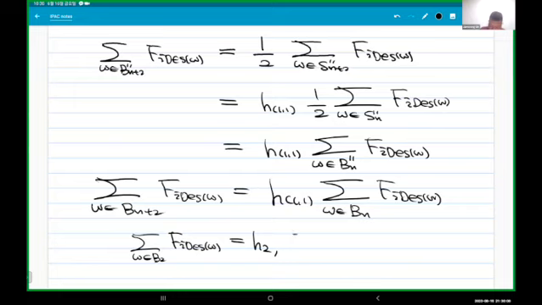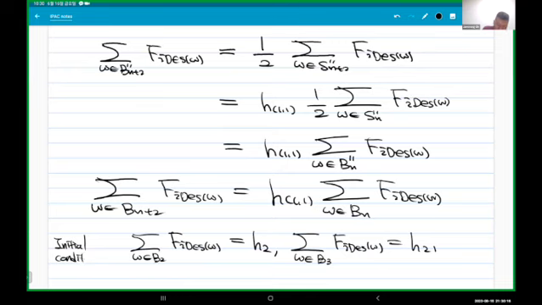So the initial conditions are like this: B3 f inverse descent W is H21. These initial conditions can be proved by writing all the Butler permutations of size 2 and 3, and starting from this, you multiply by H11, so you can prove the proposition. Yeah, that helps me. Thank you.